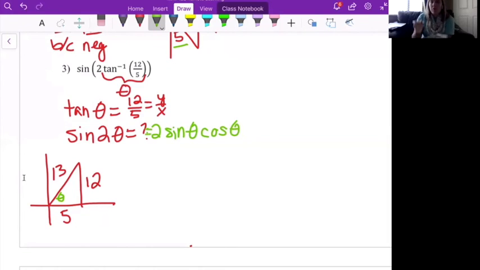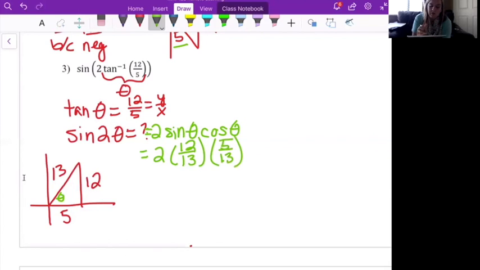And so again, we're still going to be using this triangle that we drew for theta from tangent of theta equals 12 over 5. So then sine of 2 theta is going to be 2 times sine of theta, which is y over r, so 12 over 13, times cosine of theta, which is x over r, so 5 over 13.